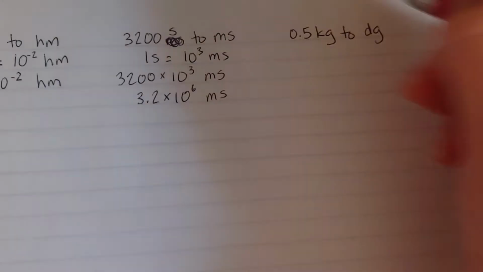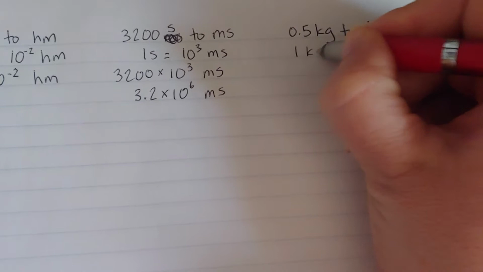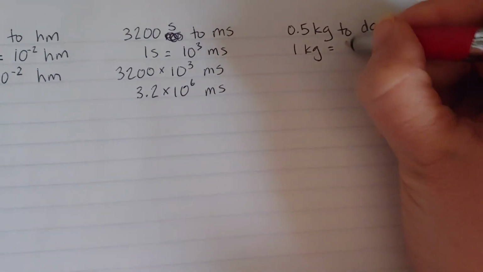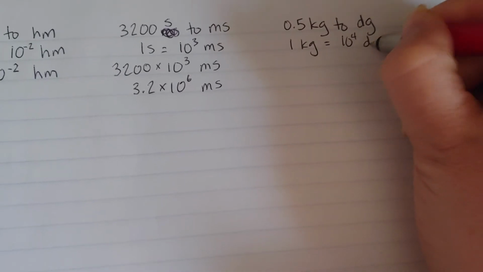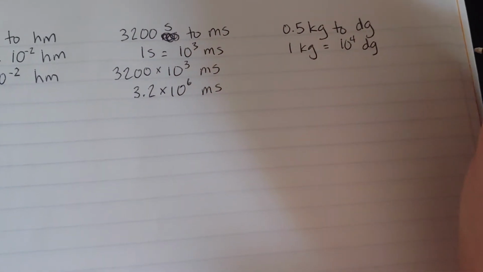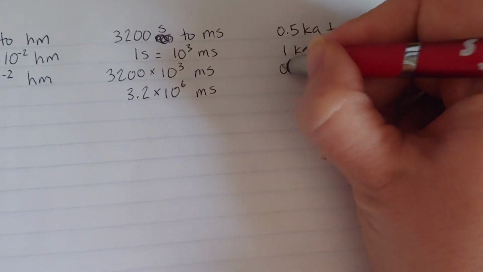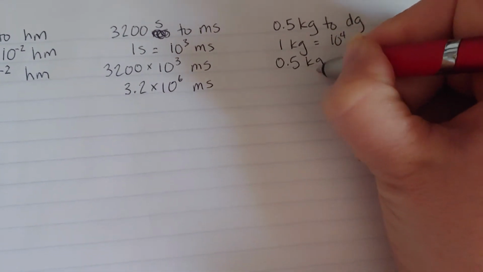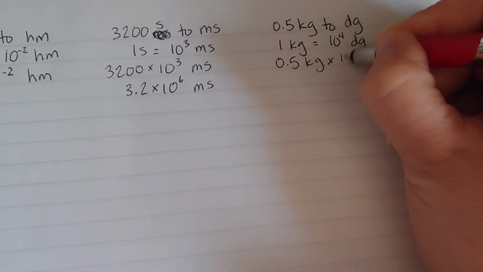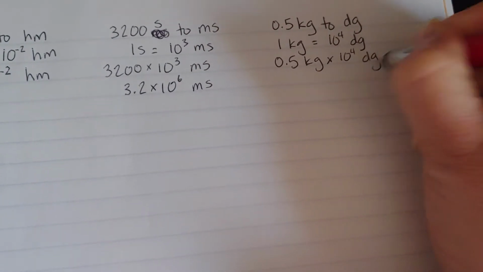So because I know that 1 kilogram is equal to 10 to the 4th decigrams, all right, so 0.5 kilograms times 10 to the 4th decigrams.